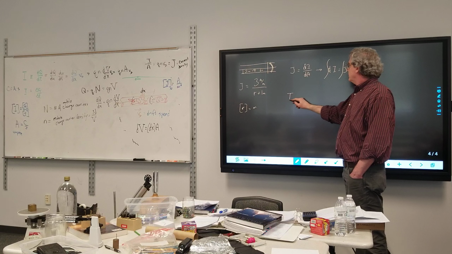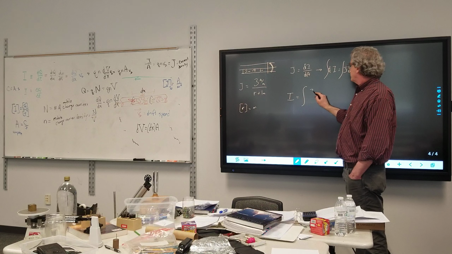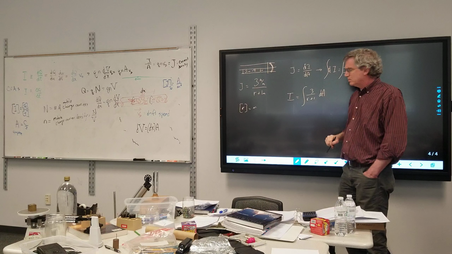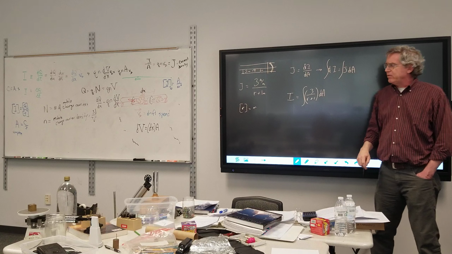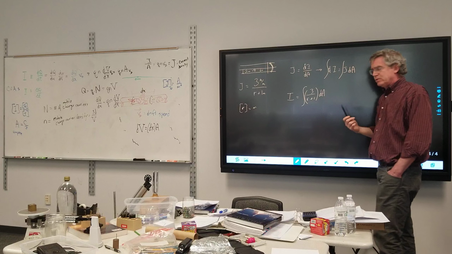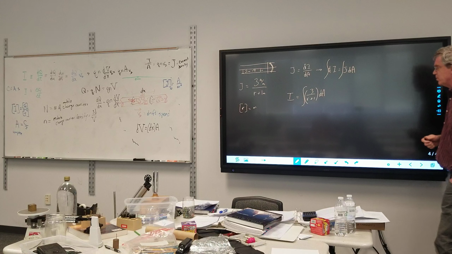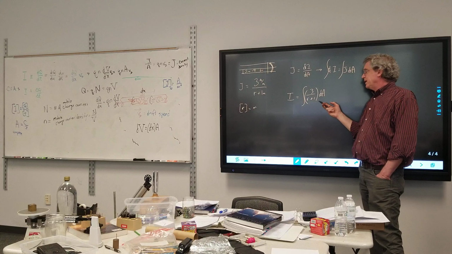So I have my current is equal to the integral of 3 over r plus 1 dA. Obviously, I have two variables here. r is the distance I am from my center there, and A, which is a differential, so it's considered a variable. I need to relate the two.